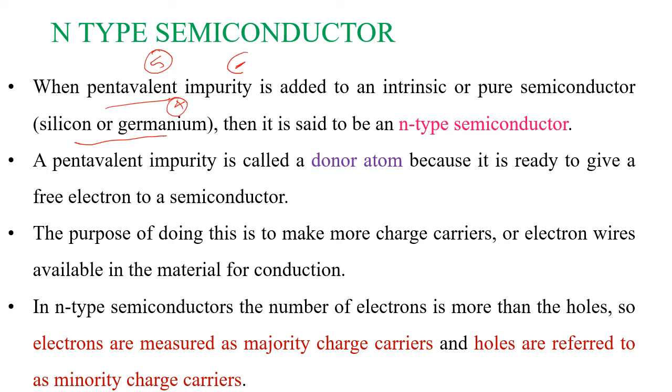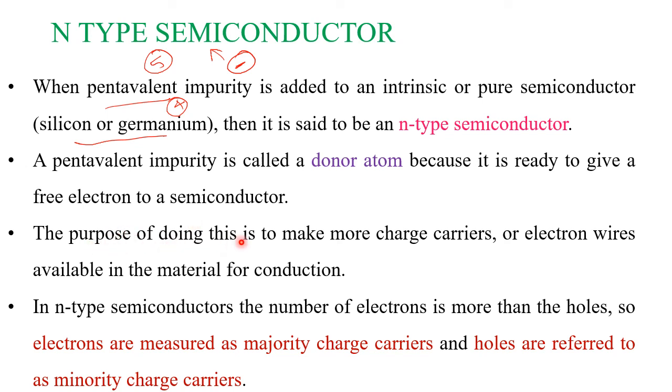So there will be an excess of 1 electron. When the electrons are more, it is called an N-type semiconductor, right? The pentavalent impurity is called a donor atom, because it can donate an electron to the neighboring atom. That means it is ready to give a free electron to the semiconductor.